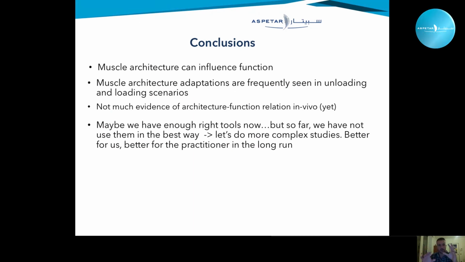Maybe now we can have the right tools, but so far we have not used them in the best way. So my suggestion is that people like me, who study physiology and study things in a laboratory, should do more complex studies in order to translate the findings onto the applied settings. This is better for me because I can tell you something that you can trust.